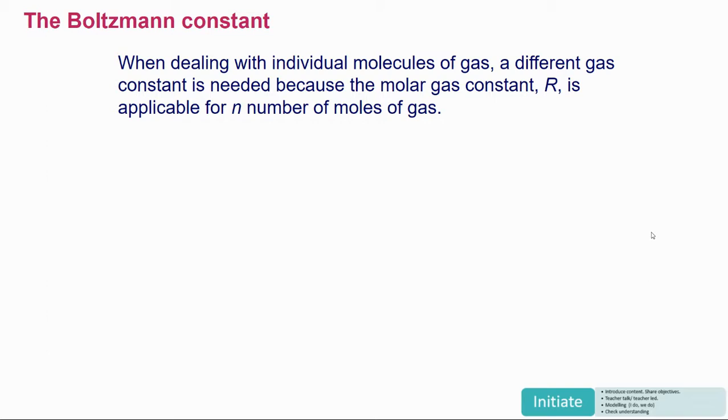Okay, let's get complicated then. So thus far, we've been talking about moles of gas, but being physicists, we like to think about just any number of particles. Okay, so now we deal with the Boltzmann constant, and this equation tells us the same thing, but this time we're looking at the number of particles, uppercase N, the number of particles in the gas.